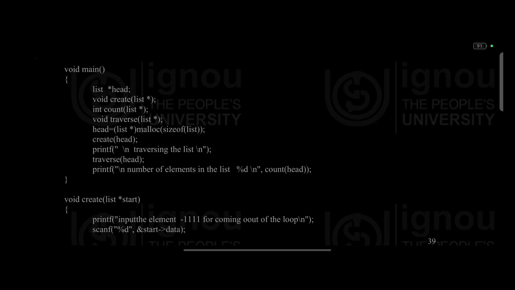printf \n traversing the list. Traverse head. Printf number of elements in the list: %d, count head. Void create list *start. Printf input the element, 1111 for coming out of the loop.